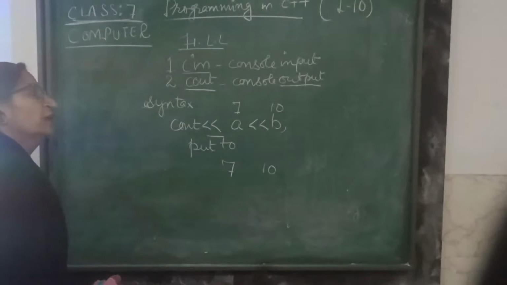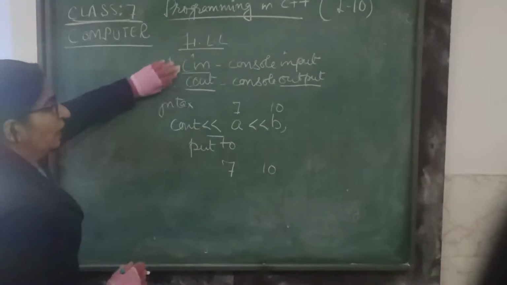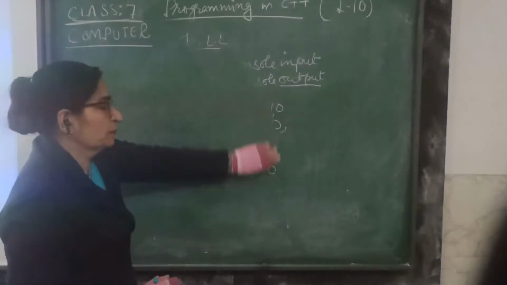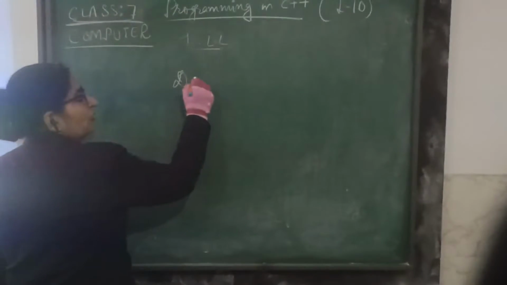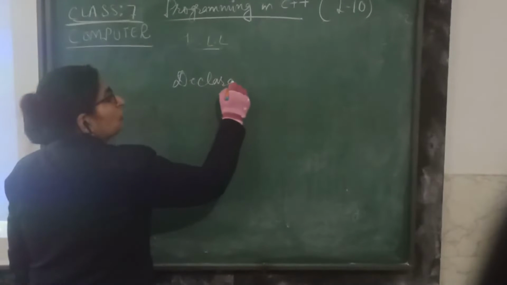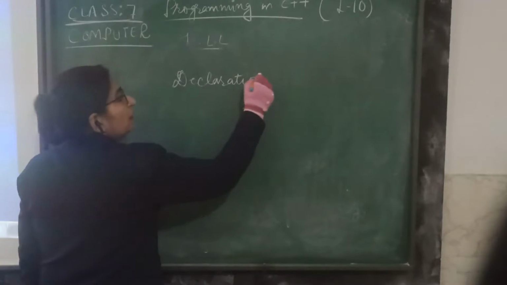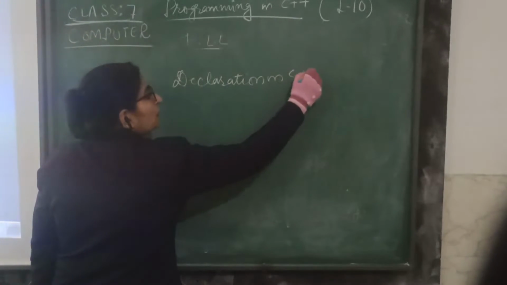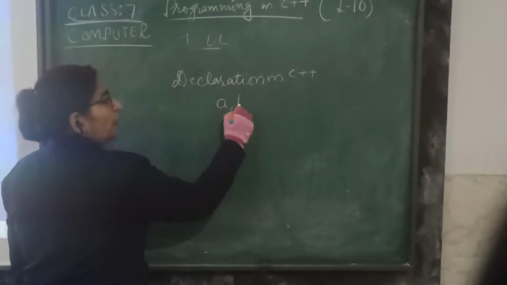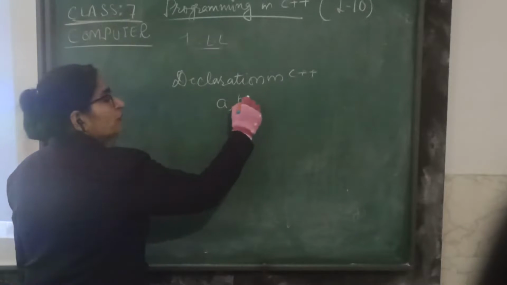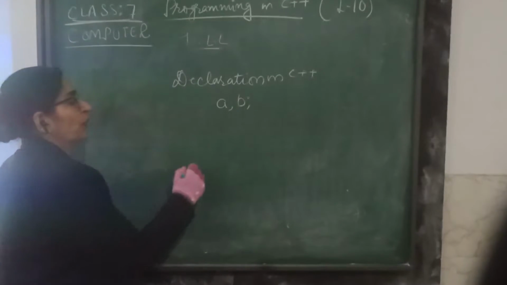The next part is how to declare the variables in C++. For that, we use the declaration statement in C++. The variables are used. I want to use a and b. Two variables are used in a statement or in a program.